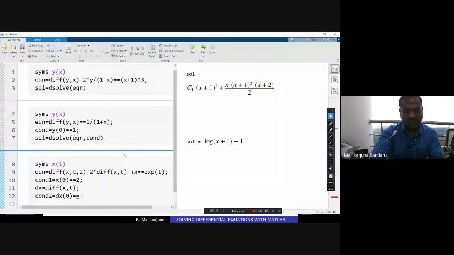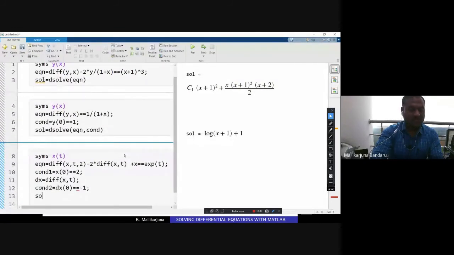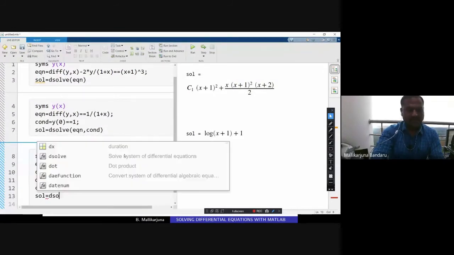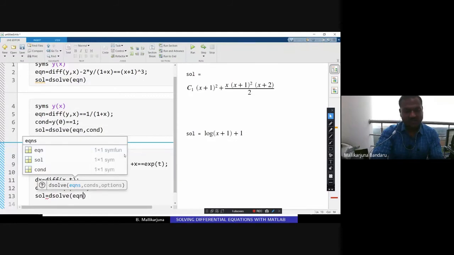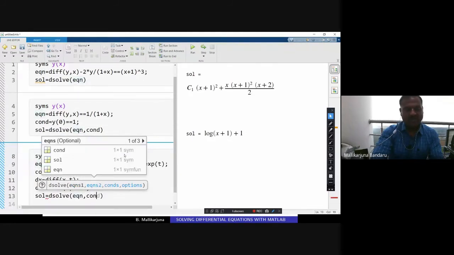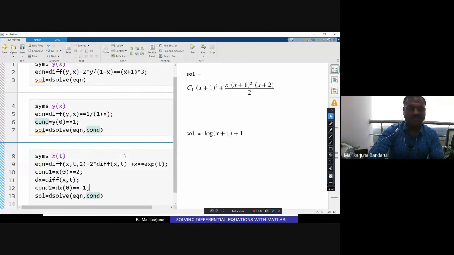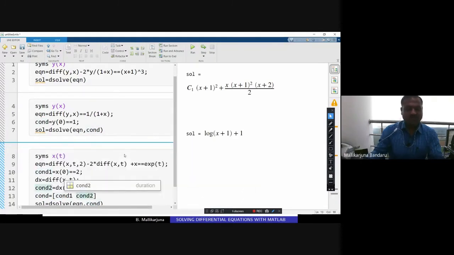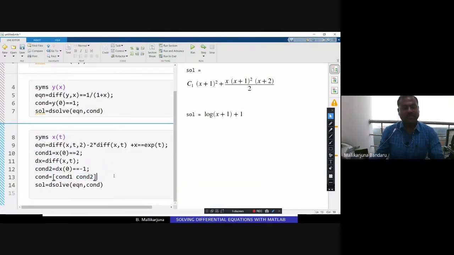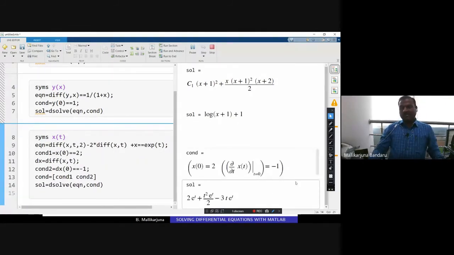Now use the dsolve syntax: equation, condition. There are two conditions, so I gave the conditions like this. See here, this is the solution.